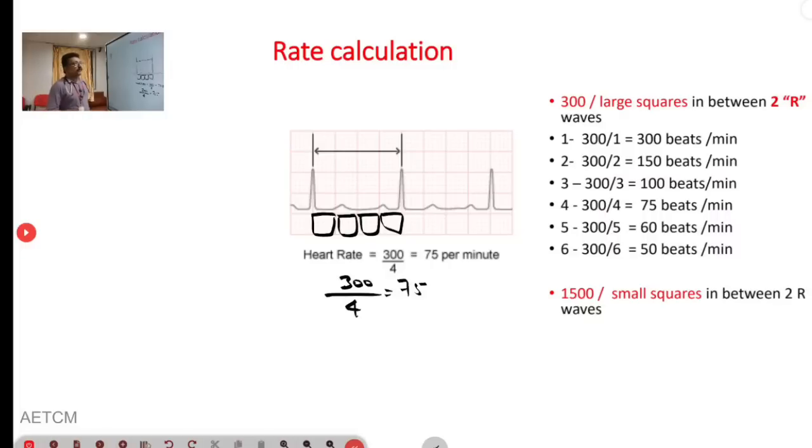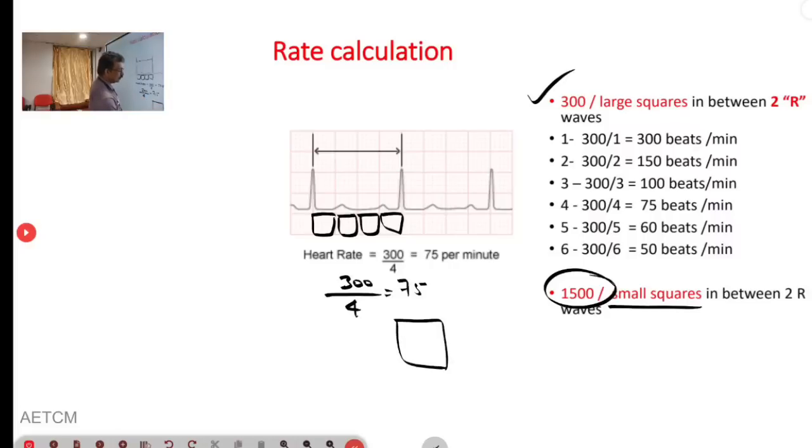But you can get a better value by another method, that is 1500 divided by the number of small squares. Each large square has 5 small squares. So suppose you have 5 large squares, then it becomes 5 into 5, 25. So 1500 by 25 will give you the answer. Both ways are good, but most of the latest ECG machines will give the report and tell you the rate in a sinus rhythm.